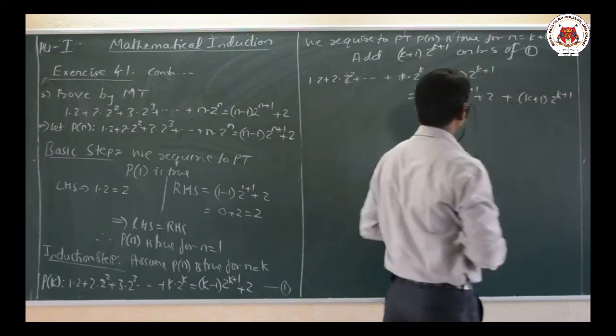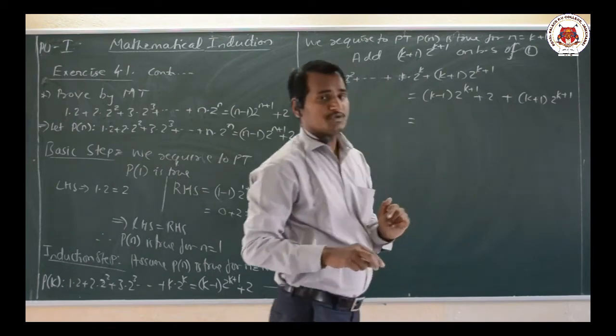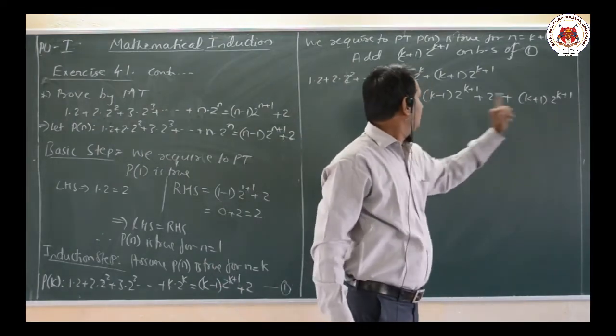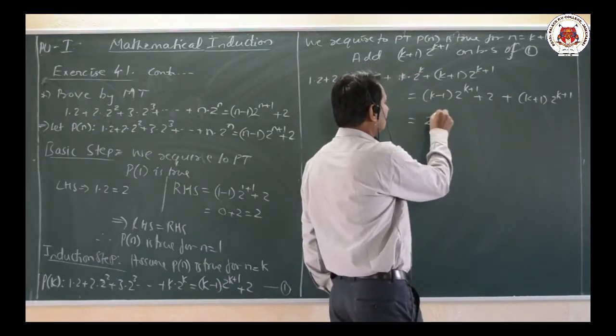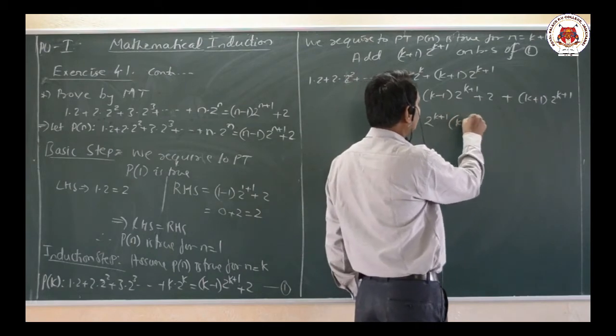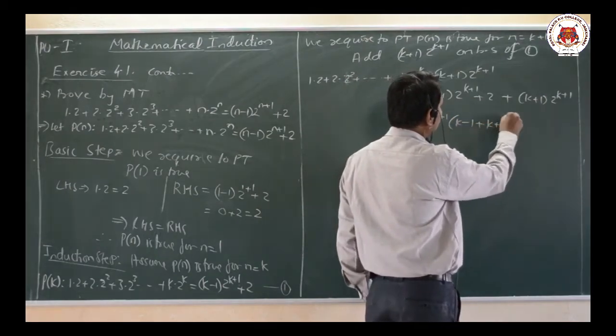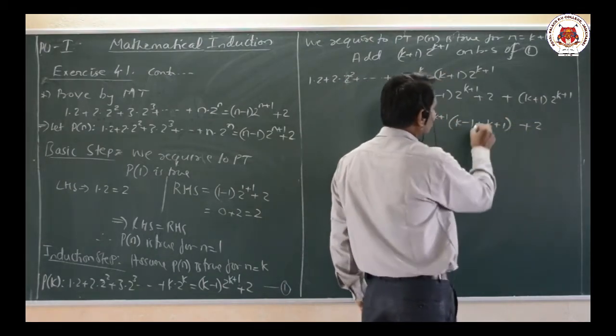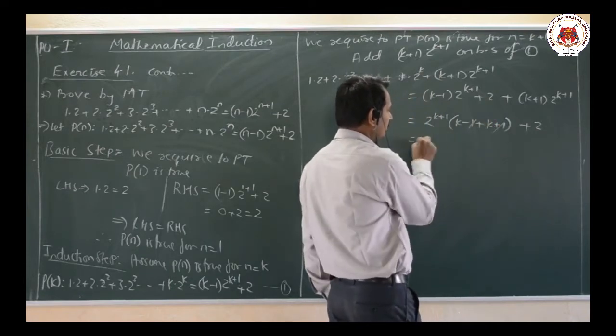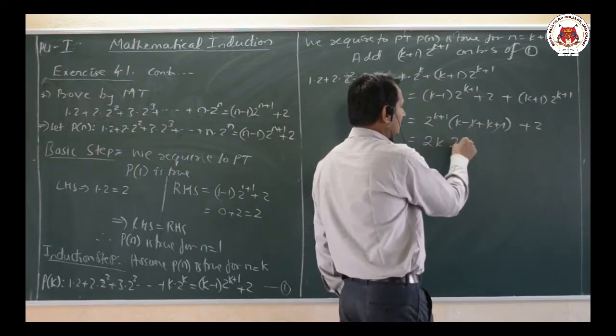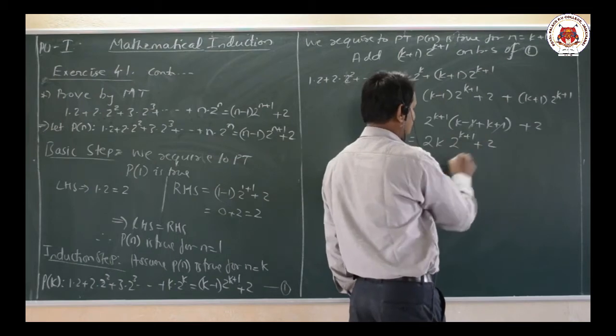Dear students, we can take 2 raised to k plus 1 common. What we get is 2 raised to k plus 1 into bracket (k minus 1 plus k plus 1), plus 2. Here the plus 1 gets eliminated. The remaining part is 2k into 2 raised to k plus 1, plus 2.